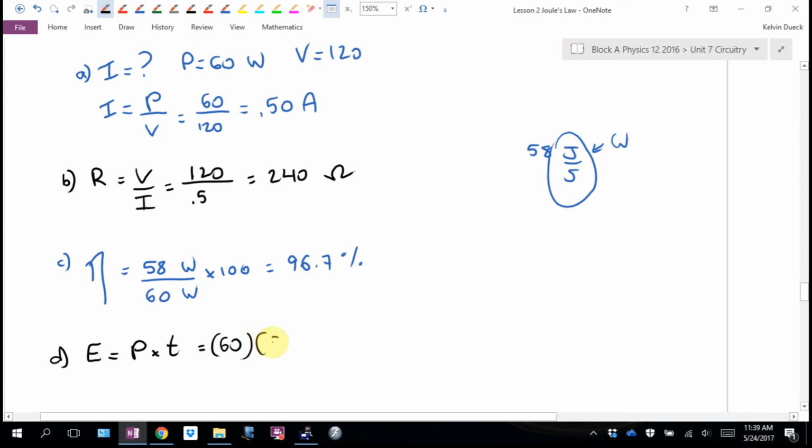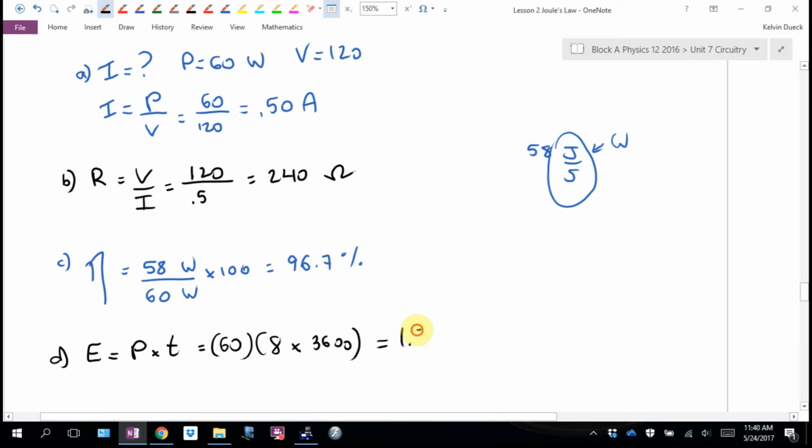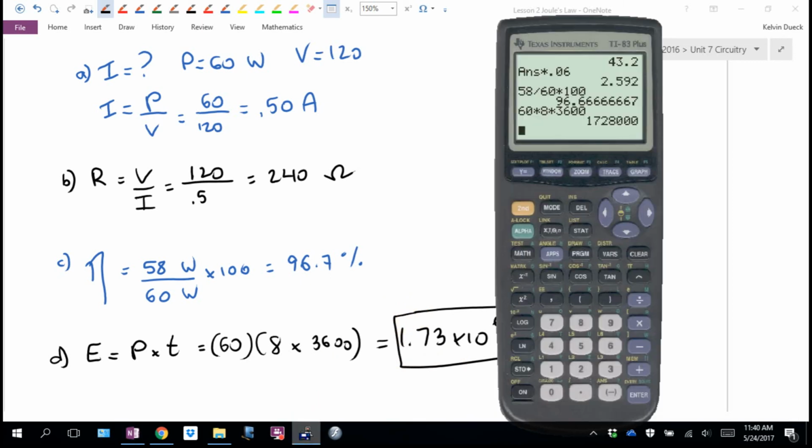So that's going to be 8 times, I think, 3,600 to convert it to seconds, yeah? 60 times 8 times 3,600. You can use a calculator for this one. And I get 1.728 times 10 to the 6th. 1.7 million joules of energy. That's one bulb for 8 hours.